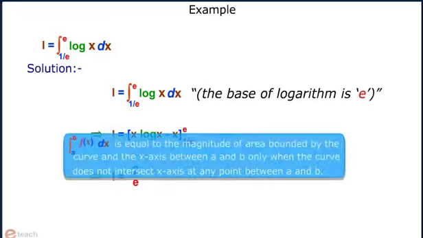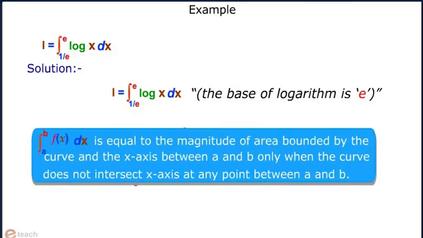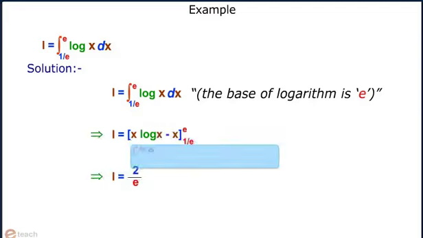Note that integration a to b f(x) dx is equal to the magnitude of area bounded by the curve and the x-axis between a and b, only when the curve does not intersect the x-axis at any point between a and b.